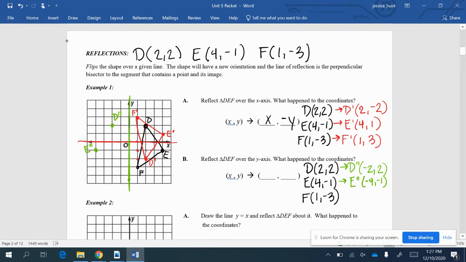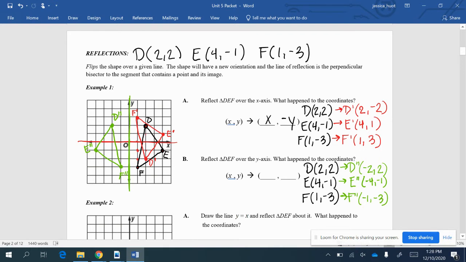And then F, so right here, F double prime would be at negative 1, negative 3. Okay, so here is our new shape.